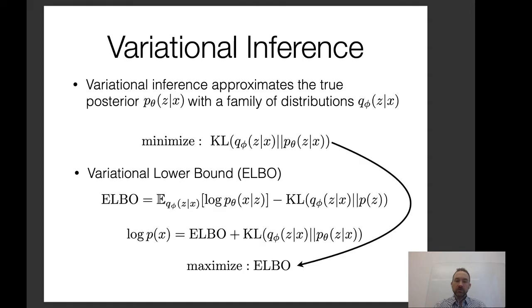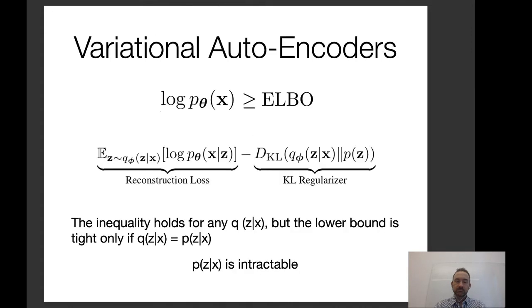So basically what we do is instead of minimizing this KL term here, we opt to maximize the evidence lower bound. Another way to look at this is to think of this as two separate terms. One is the reconstruction loss, and one is the KL regularizer here.